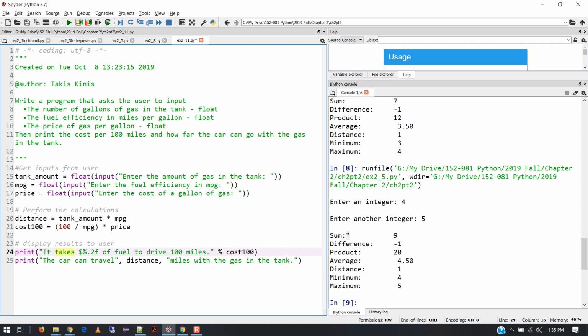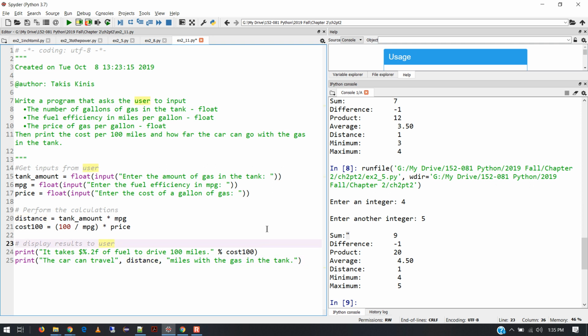And then I'm displaying the cost afterwards. So the percent, remember, is so that the formatting applies to cost. The car can travel the distance I calculated, miles, so like 50 miles with the gas in the tank.